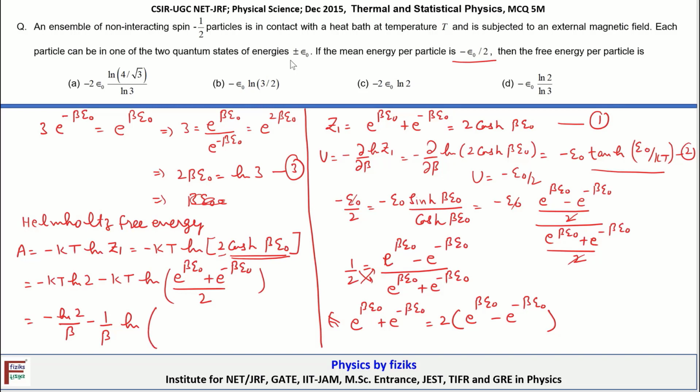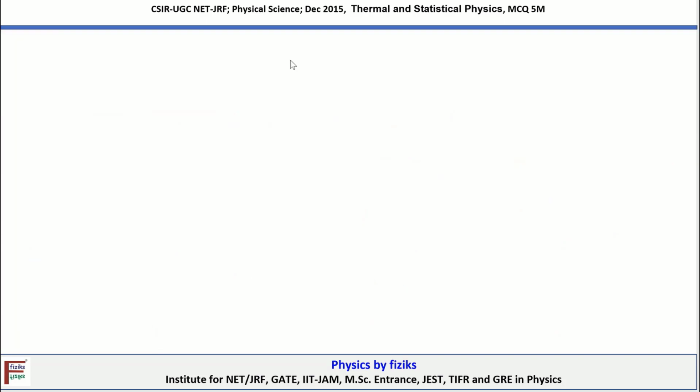After settling the terms, it equals (exp(2βE0) + 1) divided by 2 exp(βE0). So A, the Helmholtz free energy, equals minus ln 2 upon β minus 1/β ln of (3 + 1) upon 2√3.